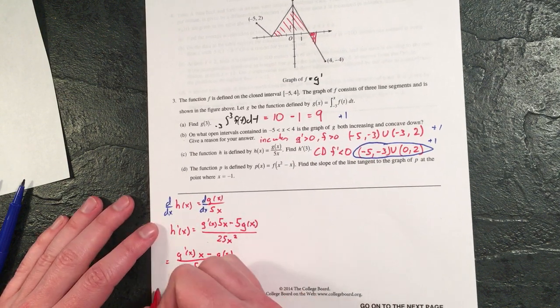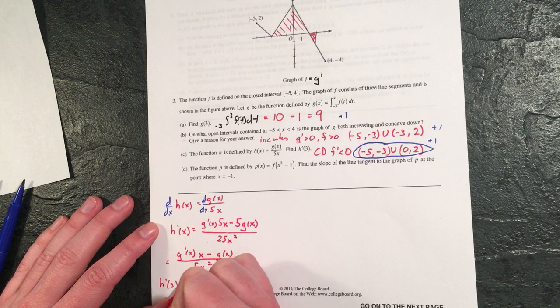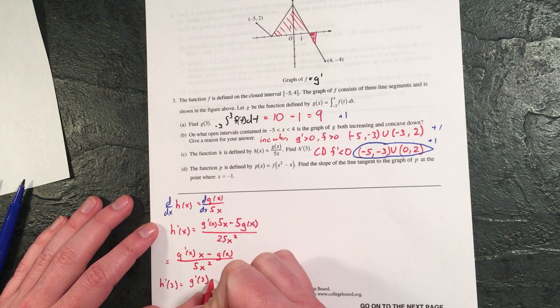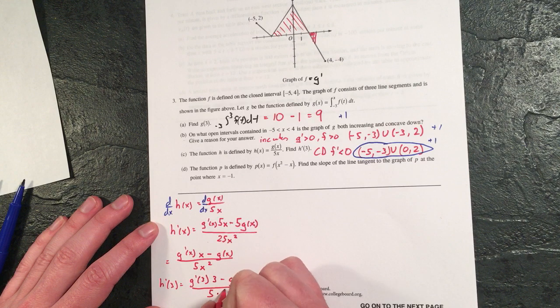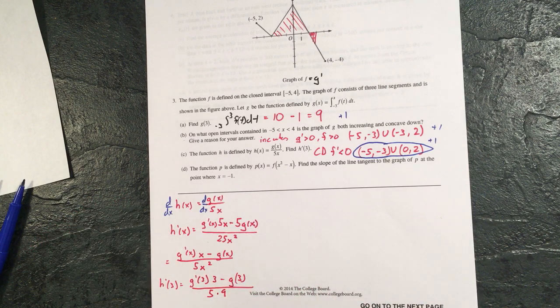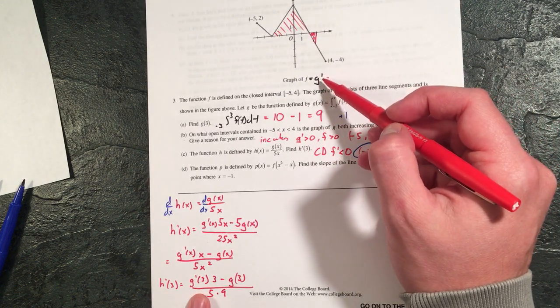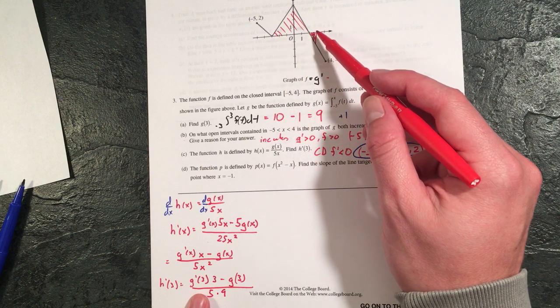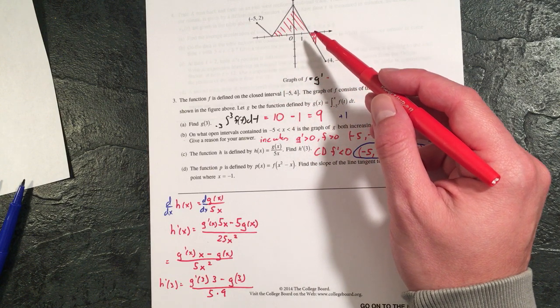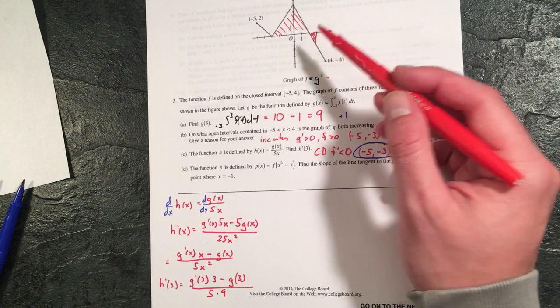But they wanted this at what value? 3. So h prime at 3 equals g prime at 3 times 3 minus g of 3 all over 5 times 9. Okay, g prime of 3. Remember, if this is g prime, what is the value at 3? And the value at 3 here is -2, we'd already said.